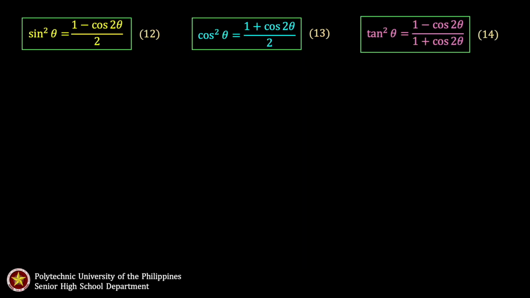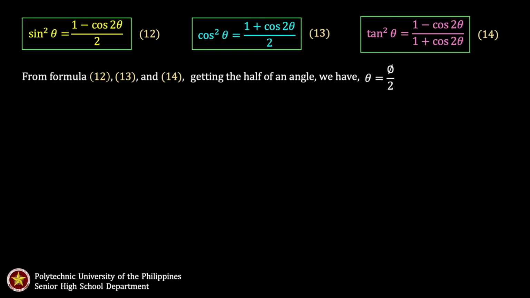Now, we will just display the equations 12, 13, and 14 that we generated because we will do something with them. From these formulas, to get the half of an angle, we have theta equal to phi over 2. So the theta that we see in equations 12, 13, and 14, we will halve, and we will replace it as phi over 2.